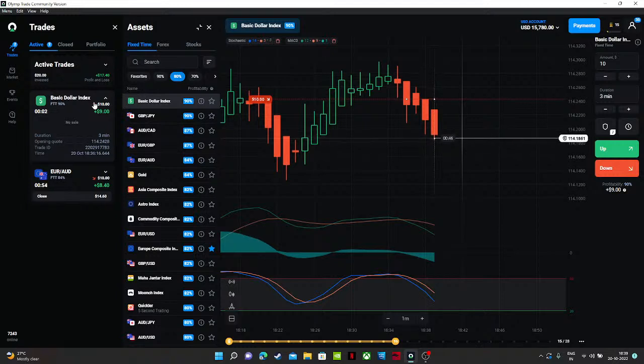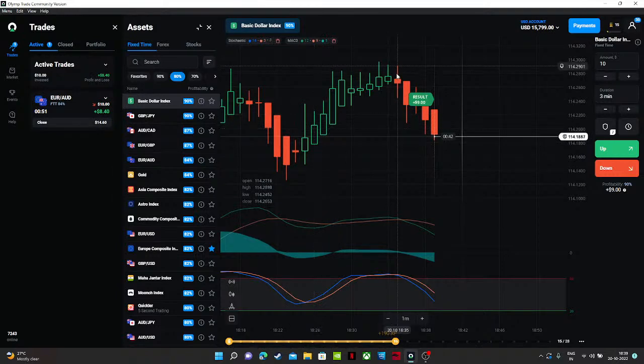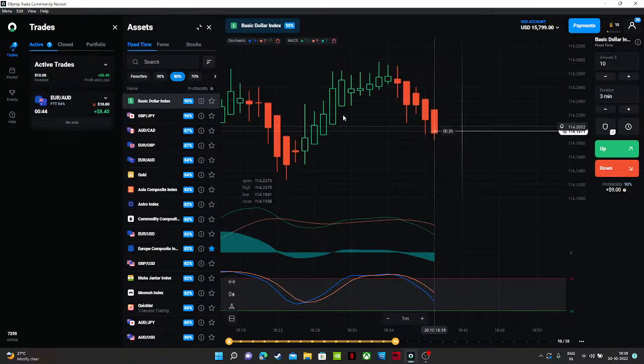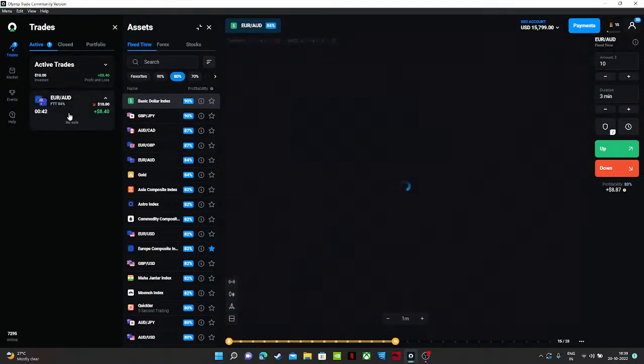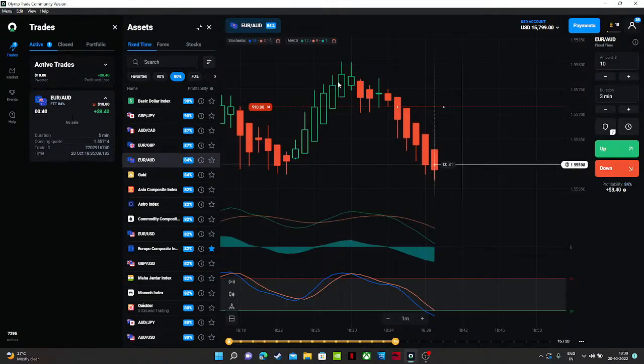As I told you, whenever the Heikin candle changes its color, and if it is followed by another candle of the same color, then we can open a trade in that particular direction. This one also, the Heikin candle changed its color, it was followed by a candle of the same color, then we entered into a trade and we are winning both of these trades very comfortably.